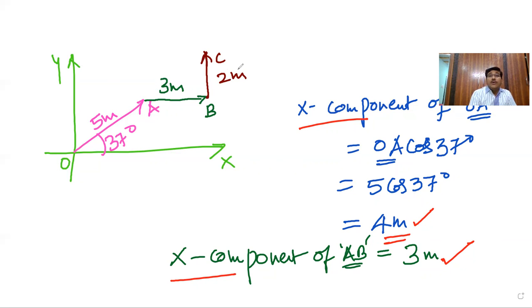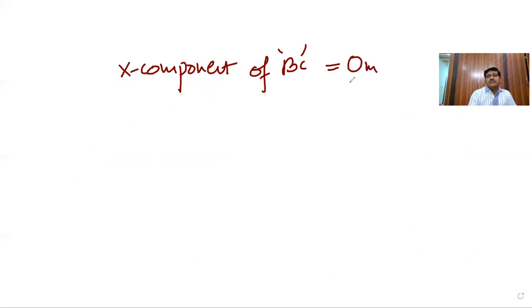So the x component of BC along the x-axis is 0. I write here, the x component of BC is equal to 0 meters.